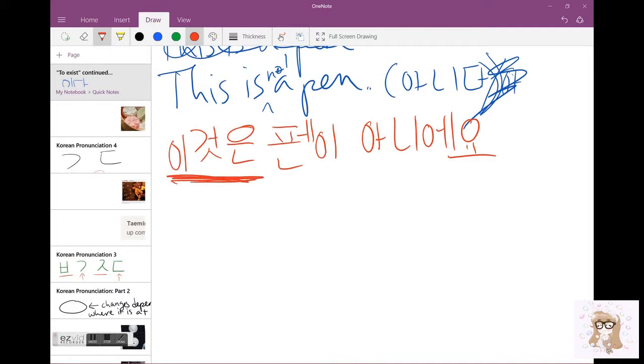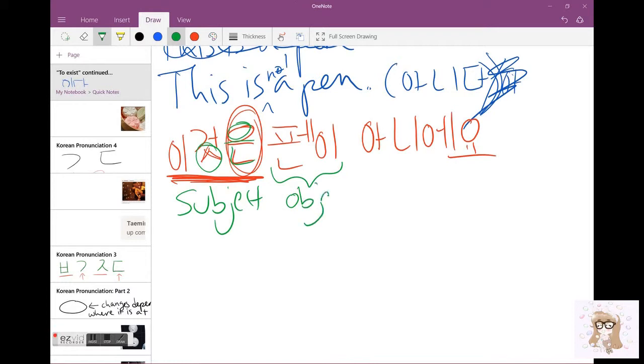This is the subject, because the previous word ended in a consonant, so we add un. This is the object of the sentence. And this is the thing to not be. Anida, to not be. And we say anieyo.